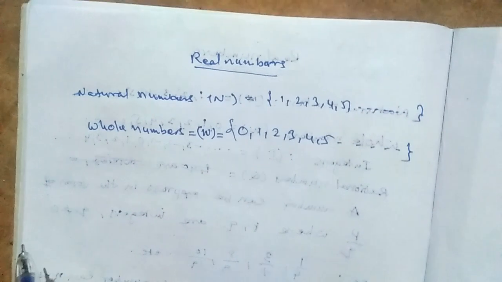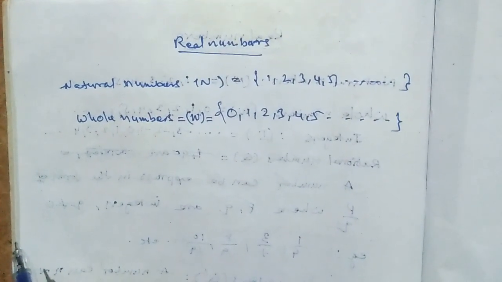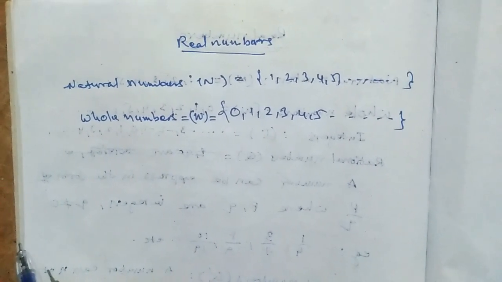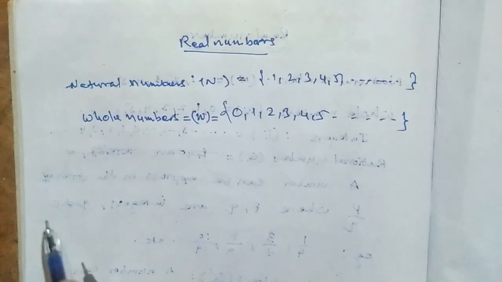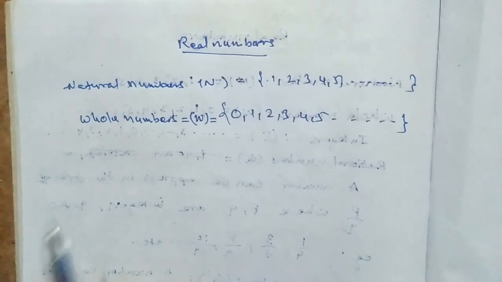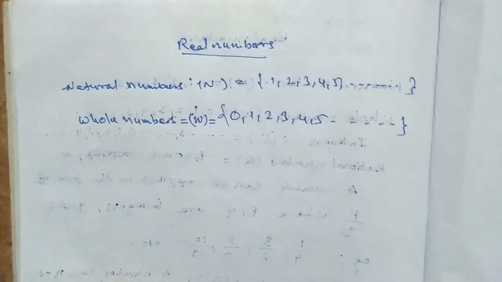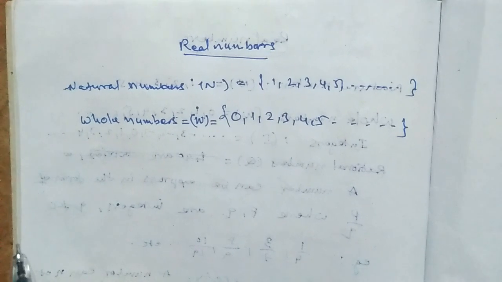Sometimes we listen in the news in the winter season, what he says: the Kashmir temperature is minus 6 degrees. What we understand here is that there are positive numbers and negative numbers. In many situations we use negative numbers.